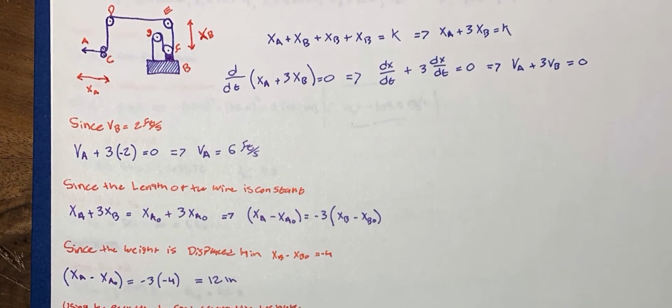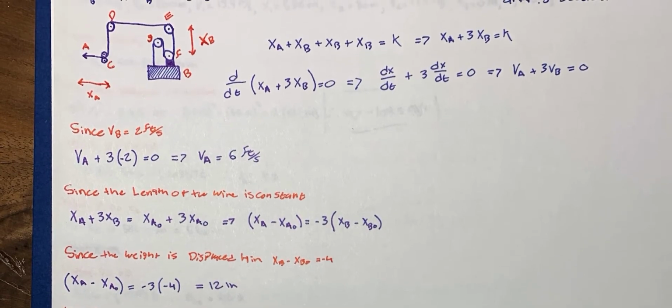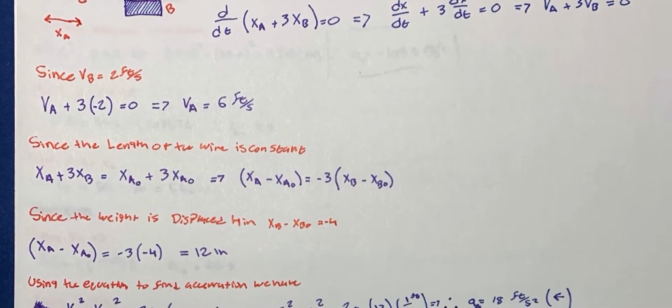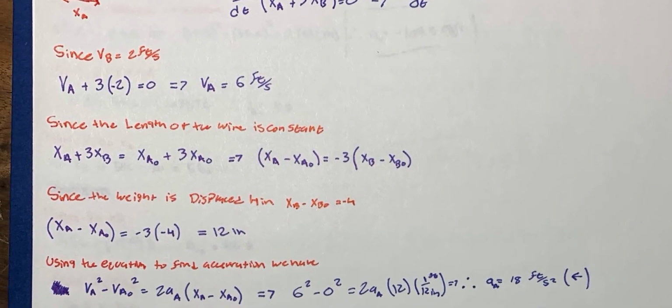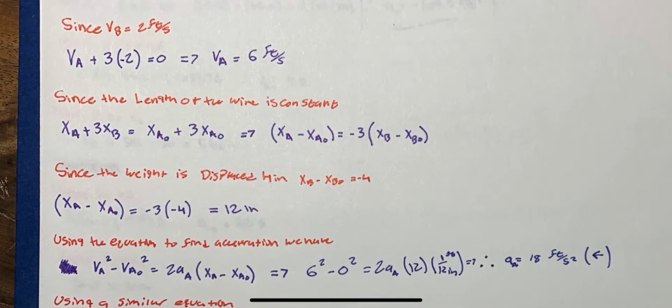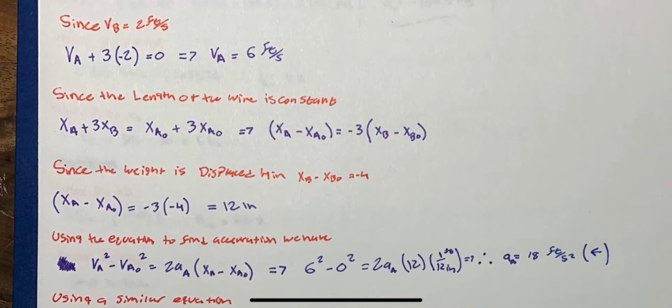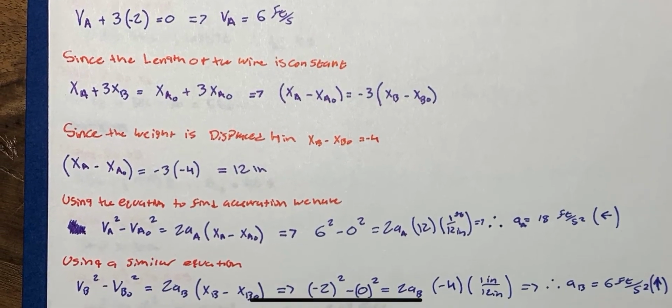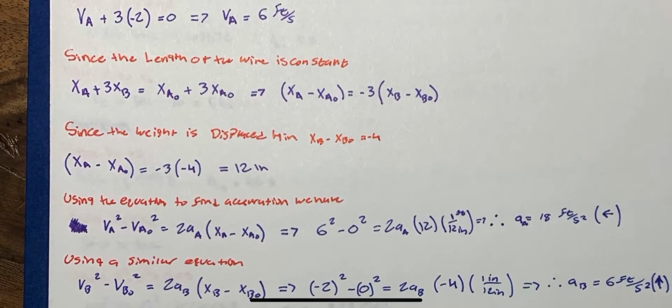And since the length of the wire is constant, we can come up with this equation here. And since the weight is displaced 4 inches, we can just plug in 4 here. So the distance that block A moved is 12 inches.